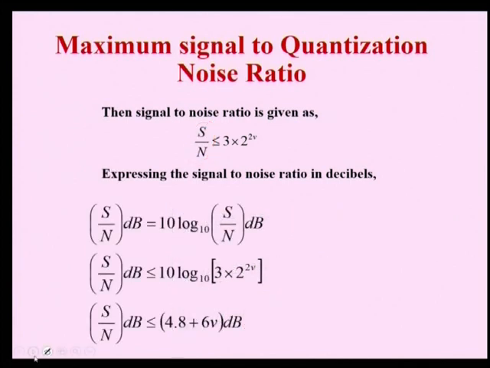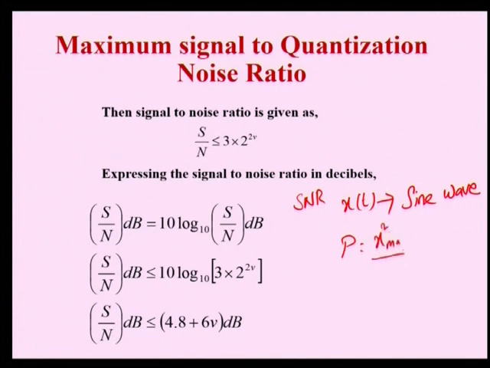If we consider the signal to noise ratio for x of t as a sine signal, a sine wave, here the signal power will be x max square by 2, that is the maximum value squared by 2.